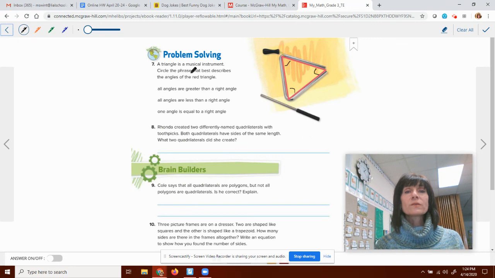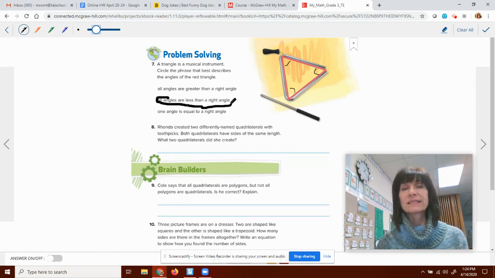Now, circle the phrase that best describes the angles: all angles are greater than a right angle, all angles are less than a right angle, or one angle is equal to a right angle. In this particular case, there are no right angles. So all angles are less than a right angle.